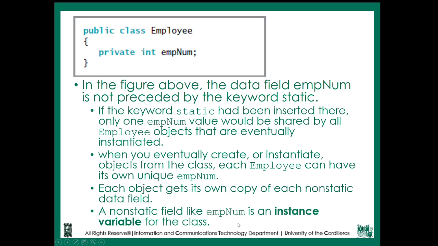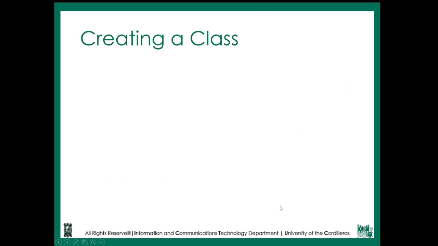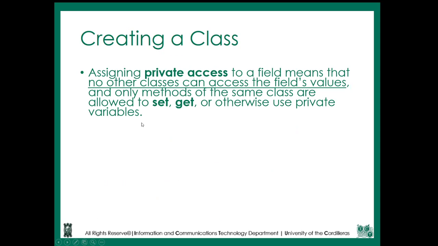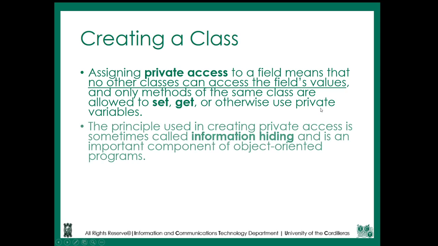So a non-static field like empnum is an instance variable for the class. Now, assigning private access to a field means that no other classes can access the field's values, and only methods of the same class are allowed to set, get, or otherwise use private variables.